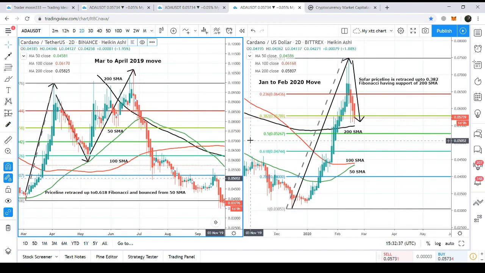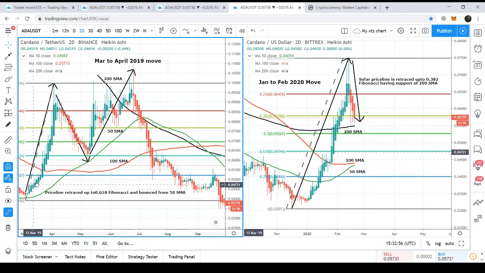And finally, if we compare this bullish rally with the previous bullish rally here, then we have some similarities between both rallies. For example, this is the bullish rally of March to April 2019.